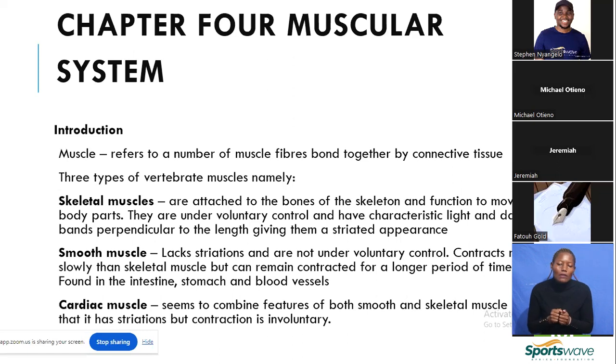Your stomach, you cannot control it, right? And other systems that are there in the body, the arteries and all that. But the cardiac muscle, structurally, it combines the features of a skeletal muscle. Functionally, it has features of the smooth muscle. So it combines features of both smooth and skeletal muscle.